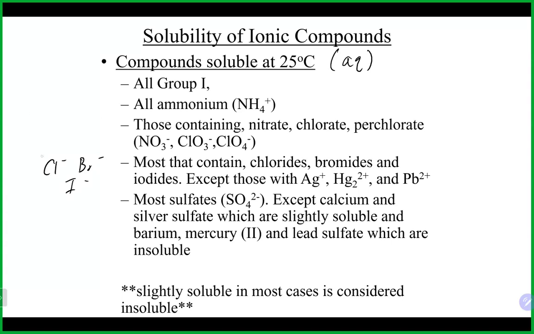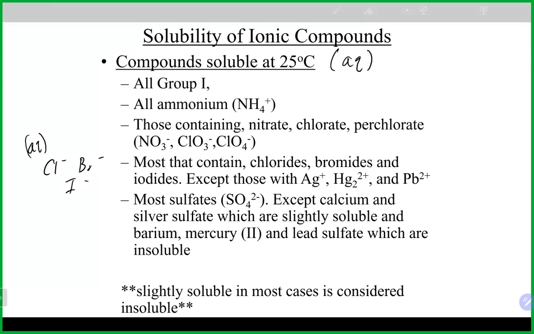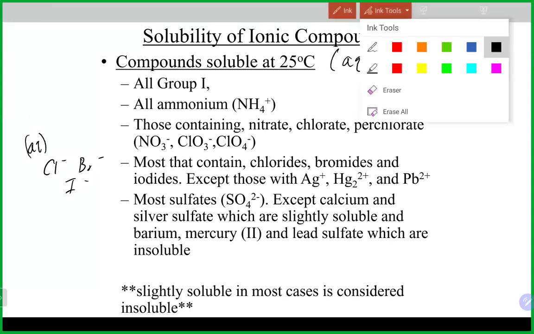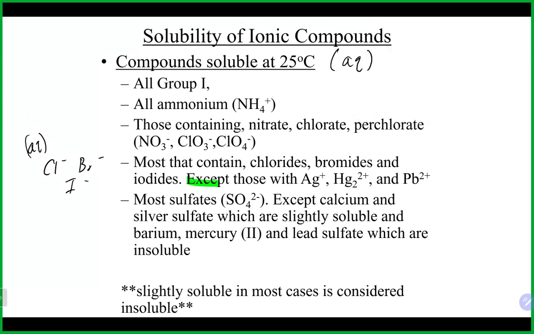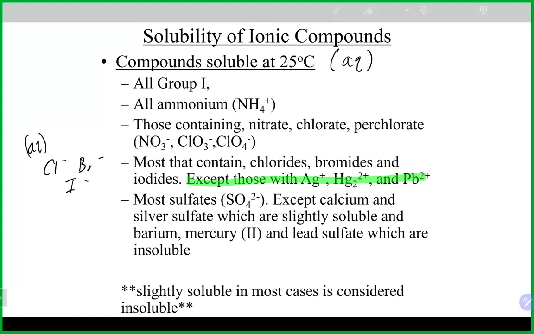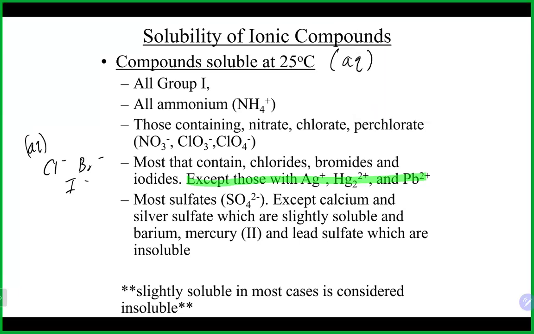Normally if you have chloride, bromide, and iodide, they're going to be aqueous. But there are three exceptions, and I'll highlight them right here. The exceptions are silver, mercury 1, and lead 2. If you have chloride, bromide, or iodide with either silver, mercury 1, or lead 2, it will do the opposite of aqueous.